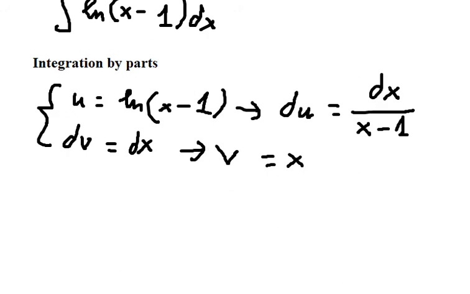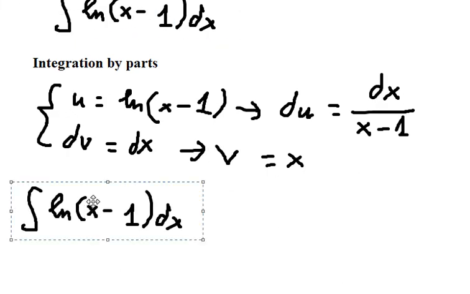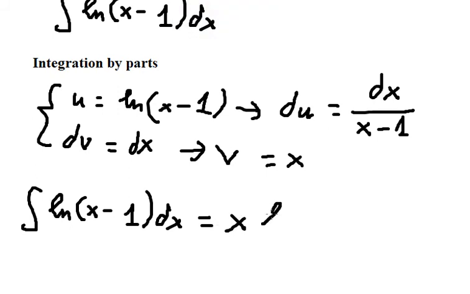So we have u multiplied by v minus the integration of v du.